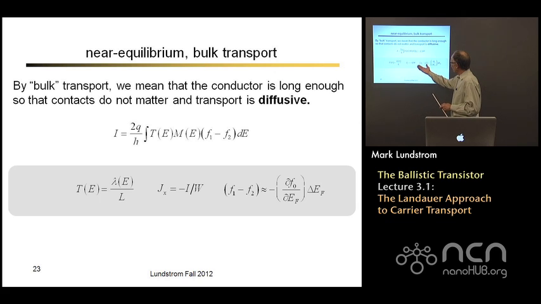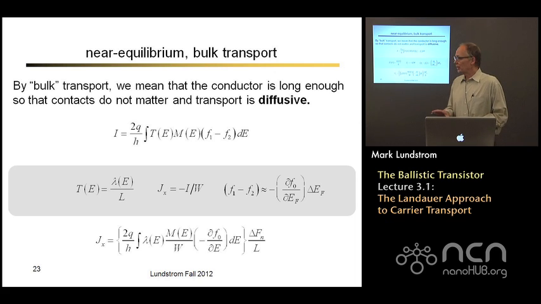And I can use my Taylor series expansion for F1 minus F2 because I'm assuming a small bias. When you do that, we'll get an expression for the electron current density that will look like this. This lambda comes from the transmission. We have a number of modes per unit width there, and we have a change in quasi-Fermi level divided by the length. So that's our expression for the current.